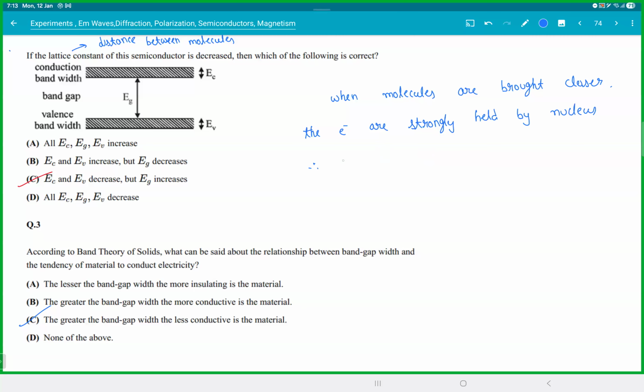So therefore, the binding energy increases. Therefore, the energy gap increases. Energy gap is the energy required to jump into a higher orbit. That would be an explanation.